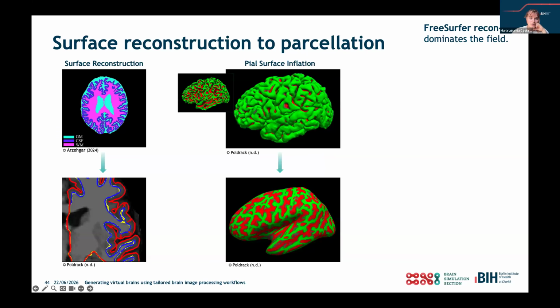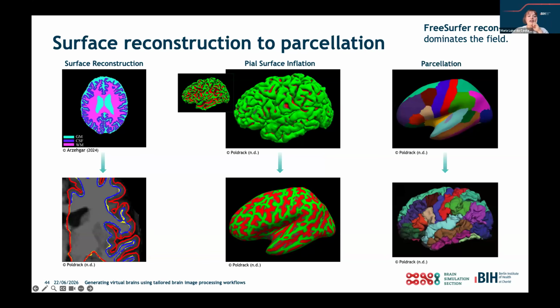Okay, this surface that we reconstructed now, this is the upper image. This one is the red boundary, and this one would be the blue boundary. We now use the pial surface inflated so that we don't have all those tiny folds of the gray matter, because then we can align it with our parcellations, our atlases.